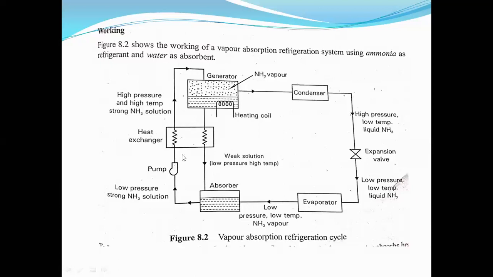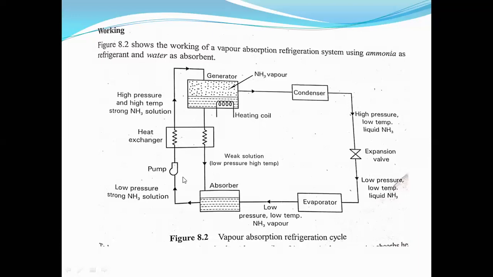A heat exchanger is a device where the exchange of heat takes place between one fluid and another fluid. For example, there is a cold fluid and a hot fluid. The hot fluid gives away the heat to the cold fluid, whereas the cold fluid gets the heat from the hot fluid. That's why it is called a heat exchanger. So it takes the heat from the hot fluid, thereby becoming hot.